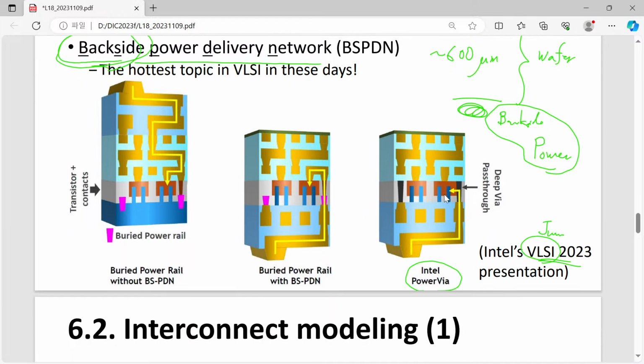So now let's have a look at it. Here we have the level of our transistors. Here we have transistors, and now the power, which has a relatively larger size, is provided from the backside, and instead, the front side is only reserved for signal lines.